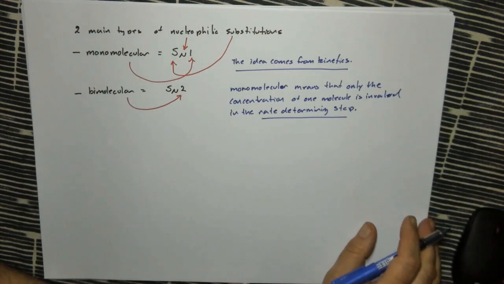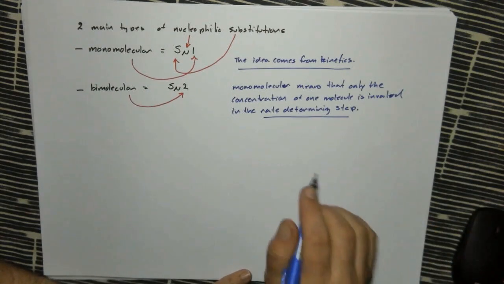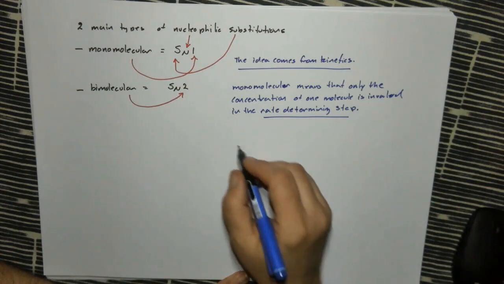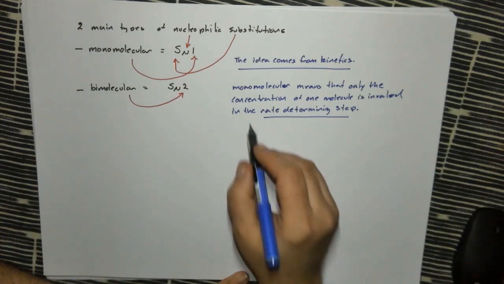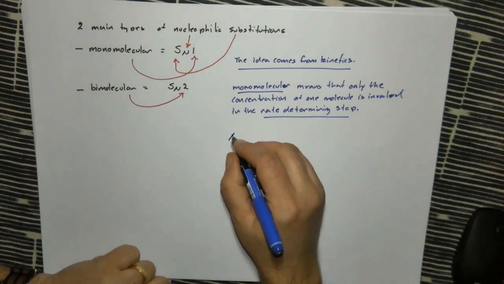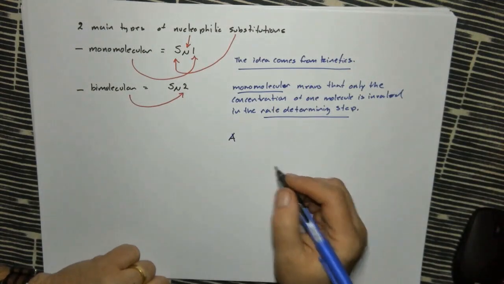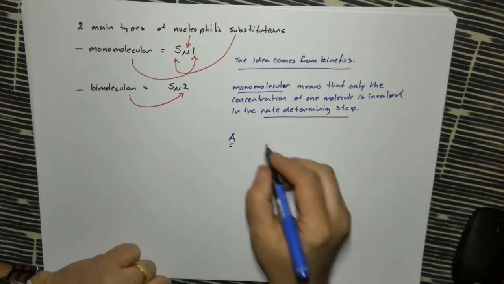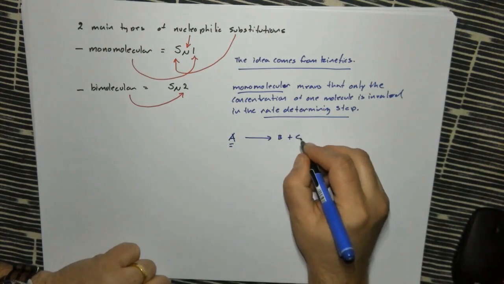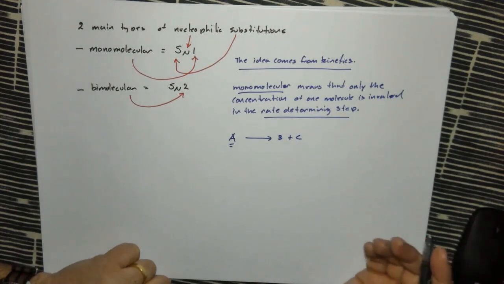But in this case, the rate determining step involves only one molecule. And usually when you only have one molecule in a monomolecular step, that means that one molecule, A, is decomposing into something else, into 2 different things.